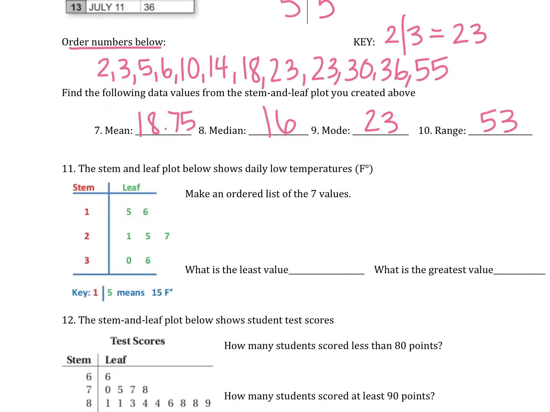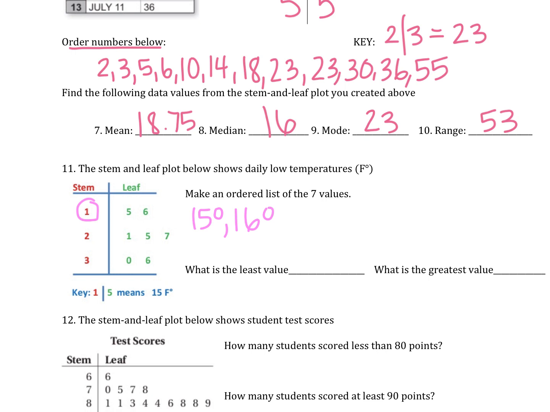All right, so the next thing we're going to do is make a list of ordered values using a stem and leaf plot. And this one is for temperatures. So if I see here, I have a 1 for my stem and my leaves are 5 and 6. So that means I have 15 degrees and 16 degrees.